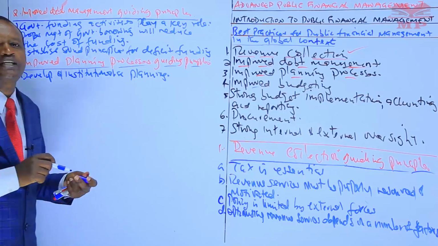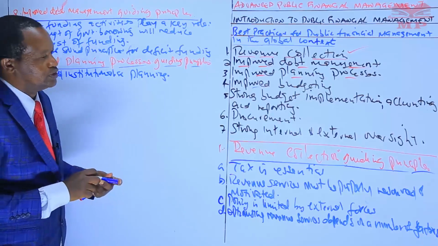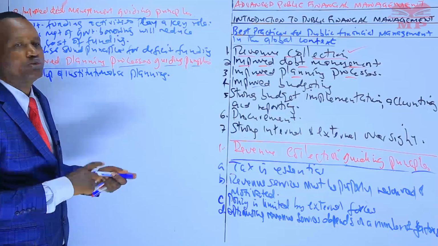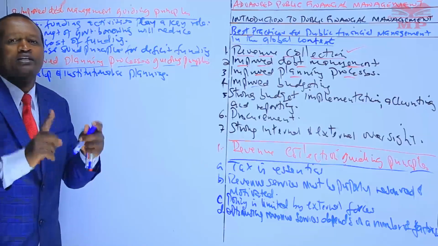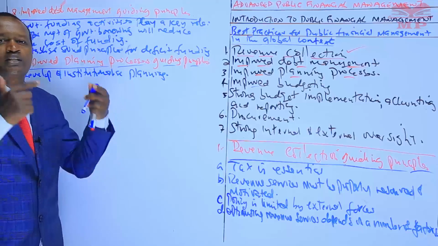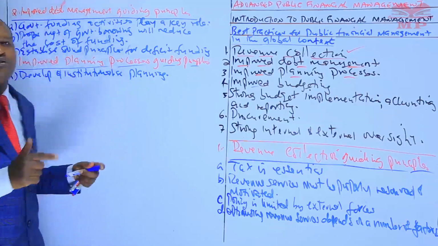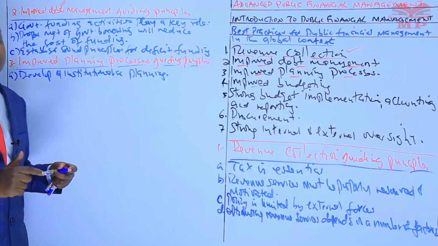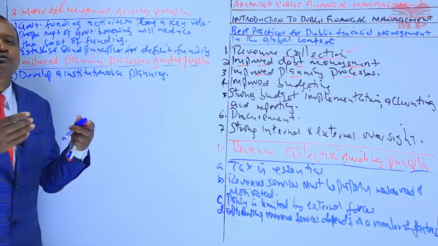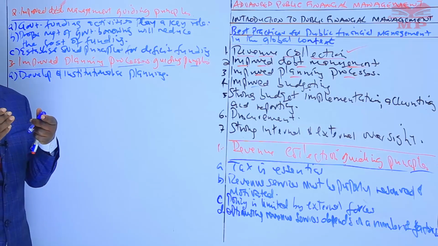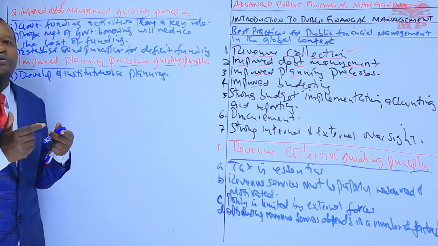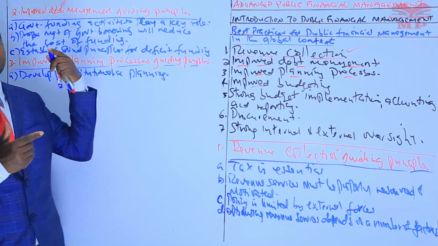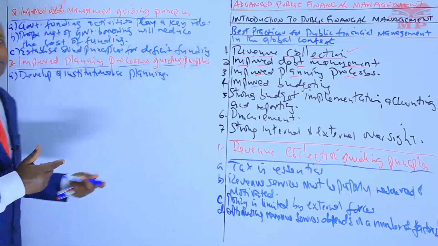Why? Because the demand for public goods outstrips supply. So the expenditure planning then requires that the government should develop and institute the planning process at all levels. Number two, planning needs to be based on realistic expectations concerning the future availability of resources.